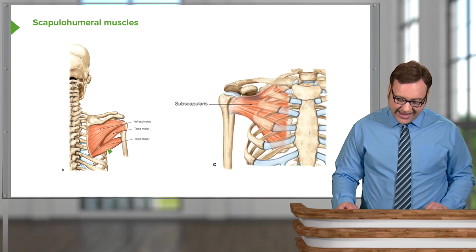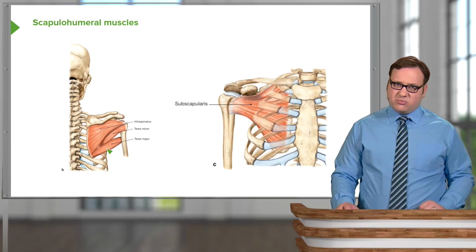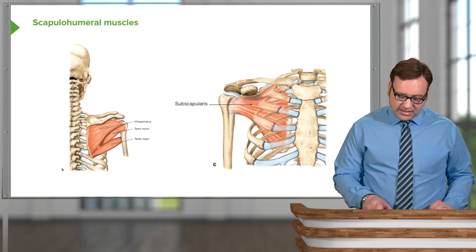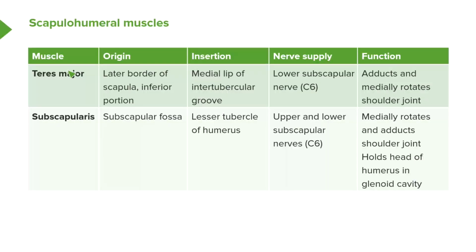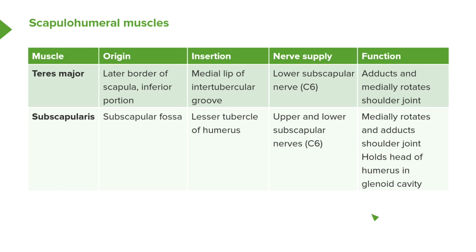Teres major here doesn't. Because that attaches to the shaft of the humerus lower down, it doesn't actually form this rotator cuff. Here we can see teres major running from the lateral border of the scapula, near to the inferior angle, and passing towards the shaft of the humerus.